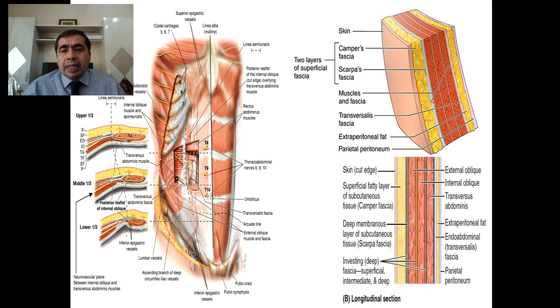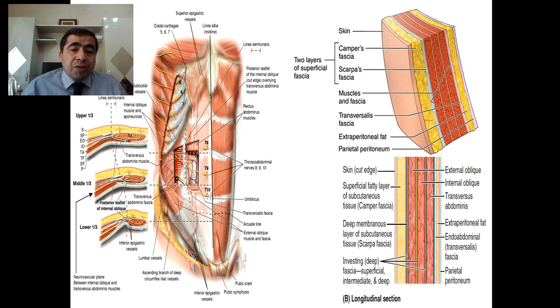Of course, the amount of fat depends on personal features. Camper's fascia is very thin and delicate, and superiorly it passes to the superficial fascia of the femoral region, the superficial fascia of the thigh.